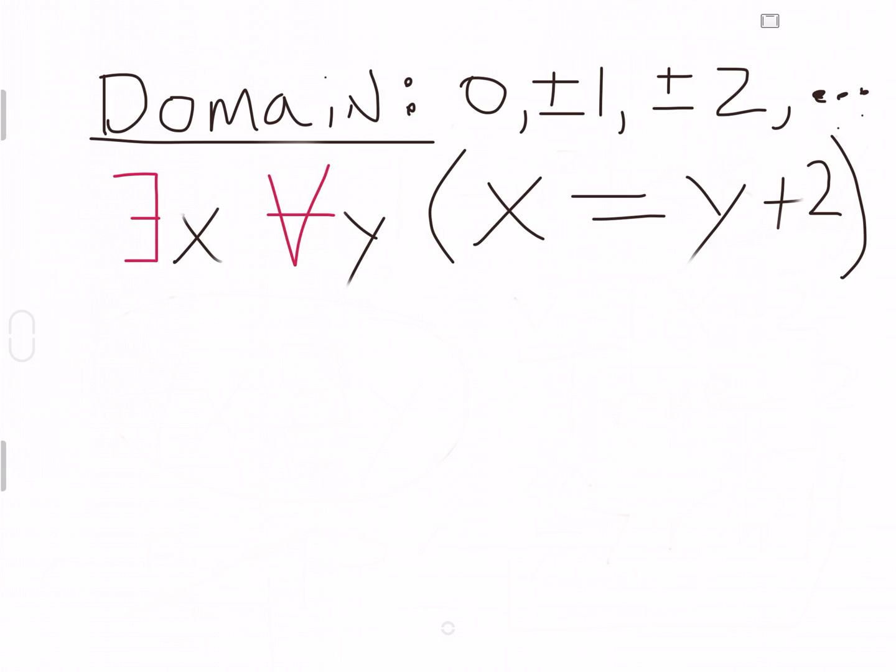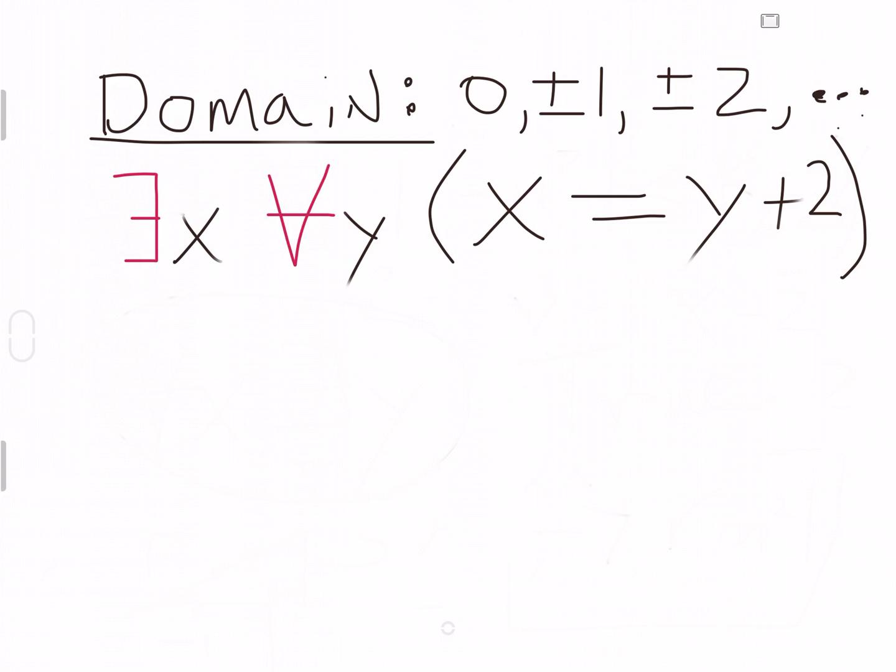So this is saying that there exists some x such that for all y, x is equal to y plus 2. There exists some x such that for all integers y, x is equal to that integer plus 2.